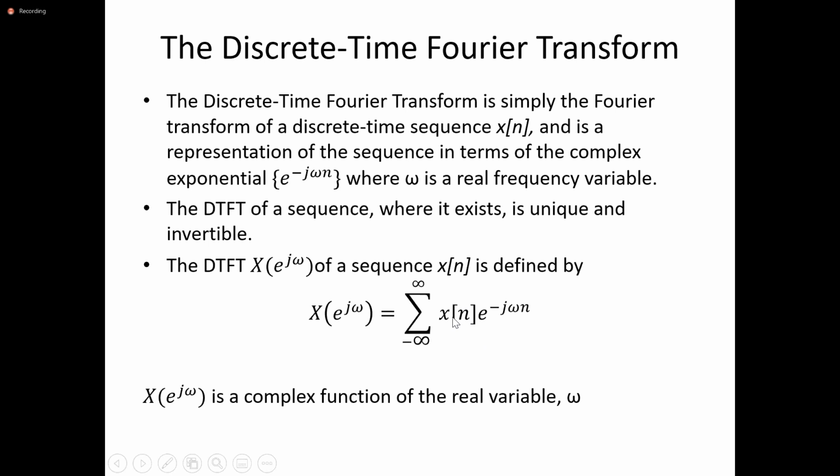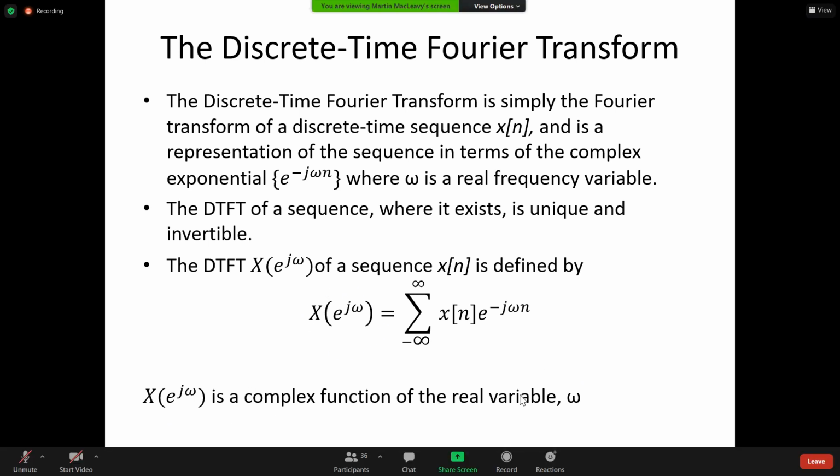Here's our x of n. Remember, x of n is simply a sequence of numbers, and then it is multiplied by this function here, e to the minus j omega n, where omega is a frequency. And our output here is a complex function of the real variable omega.